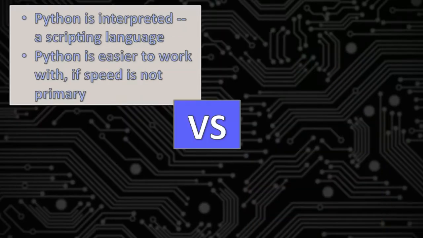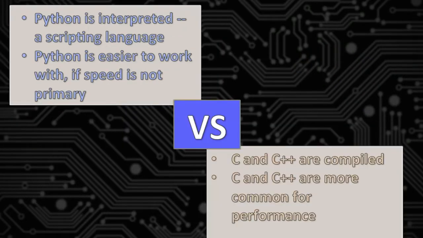Now, comparing that to C, C++. C and C++ are related languages. Actually, C is a subset of C++. So C came first, C++ came second. C++ is a superset. So C++ does everything that C does. So if you have a C++ compiler, it'll compile any C code. But C and C++ are compiled languages.